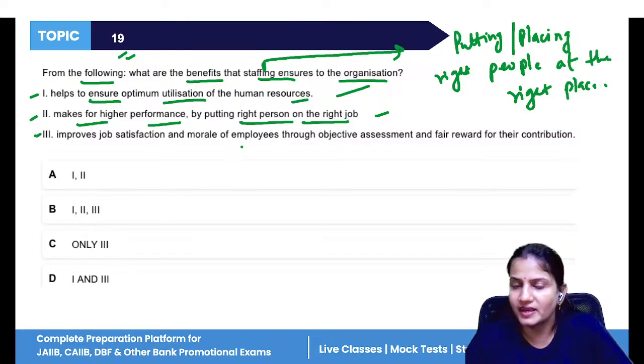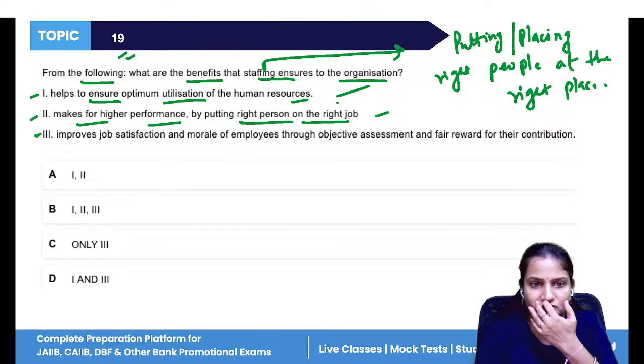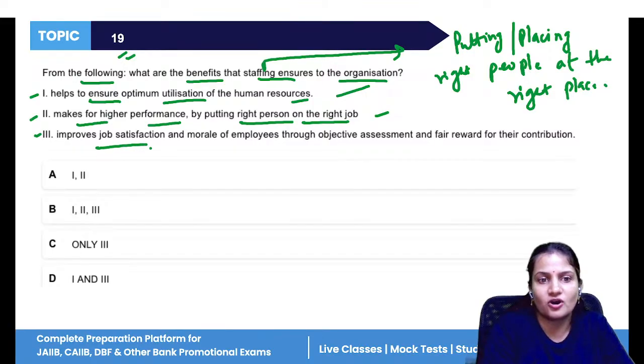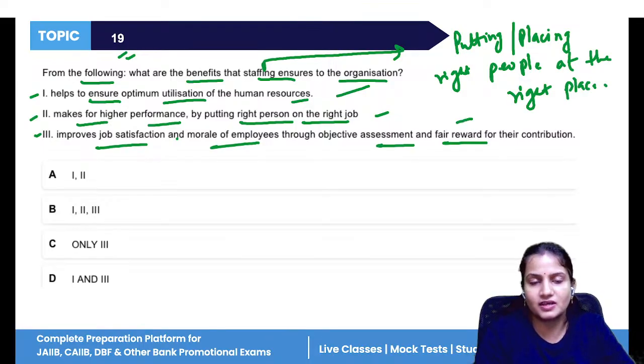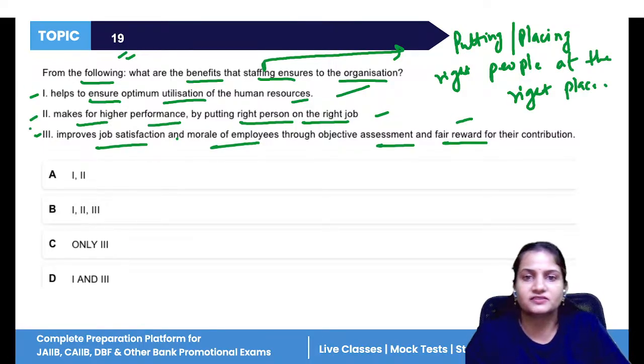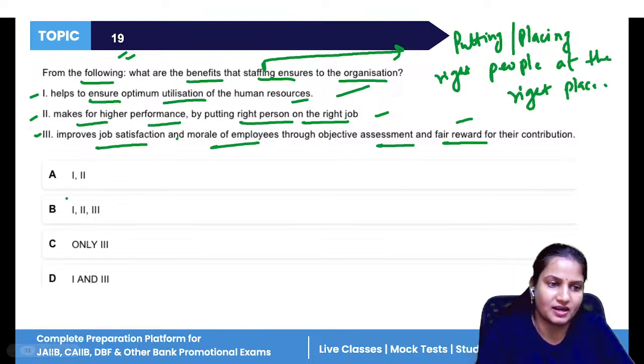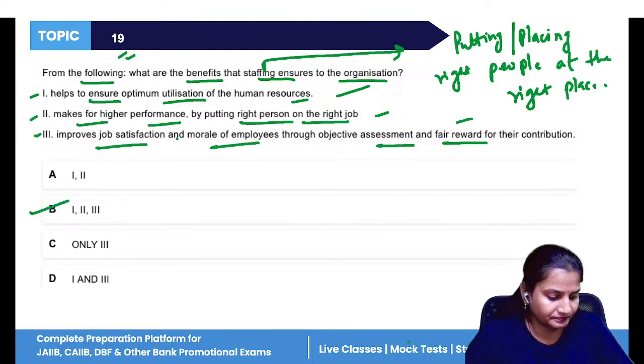But if I am placed in the marketing department, then I will play a very good role. So that is putting the right person on the right job. It also improves job satisfaction and morale of employees. And if the workers are doing well, they will be provided fair reward. So you can see all the statements are correct with respect to staffing, that is one, two, and three.